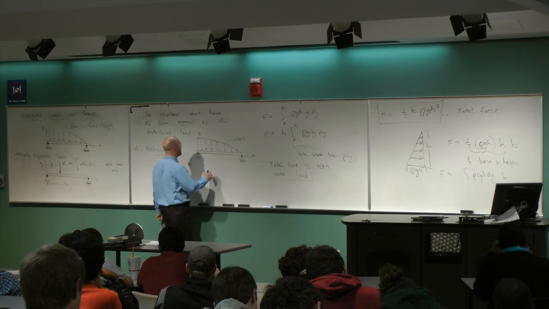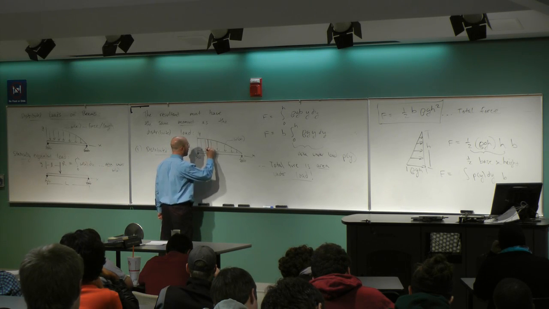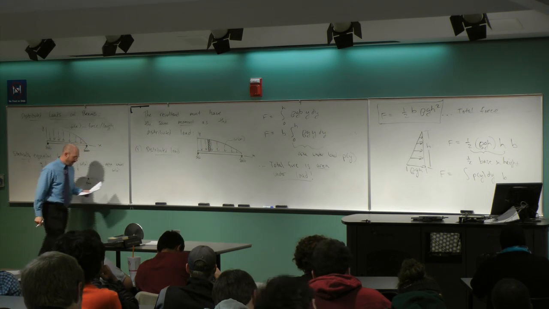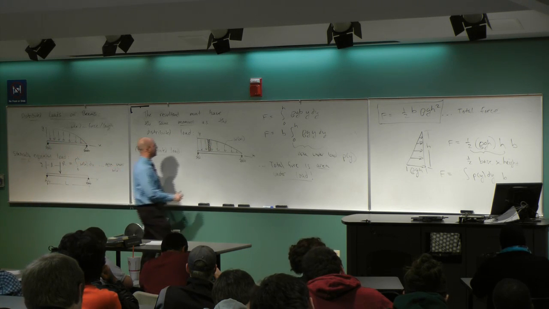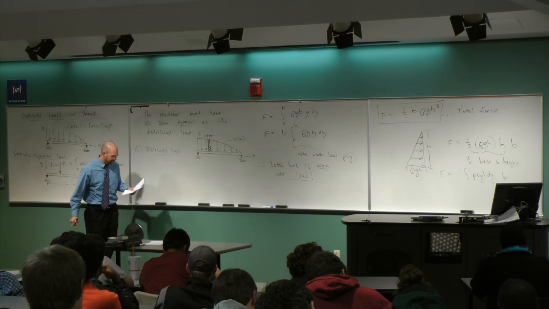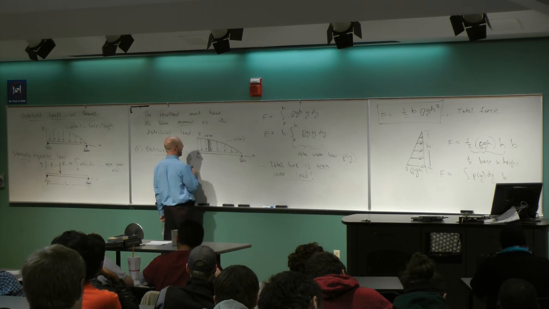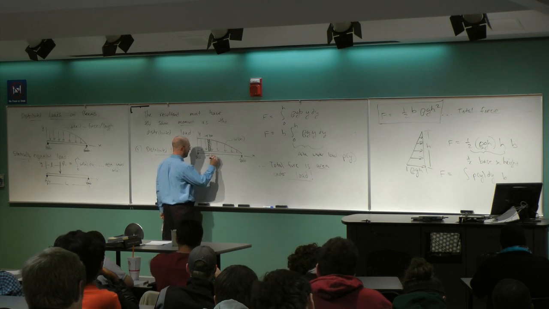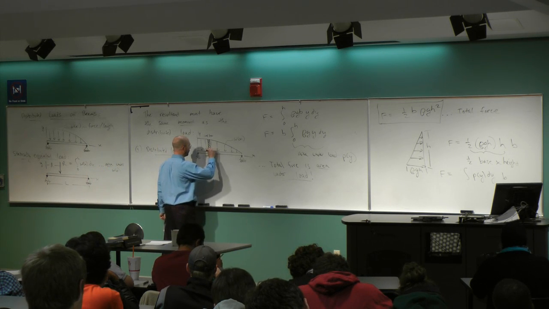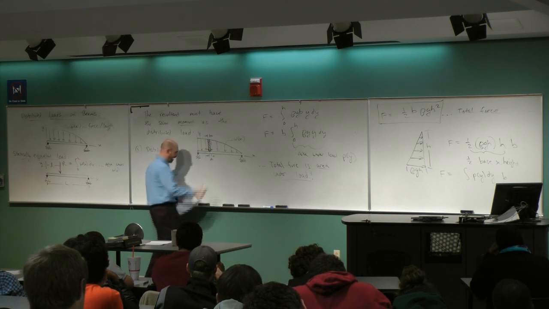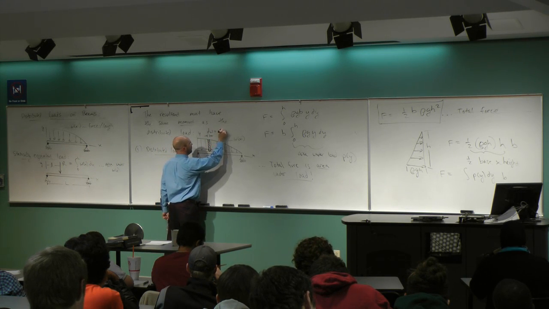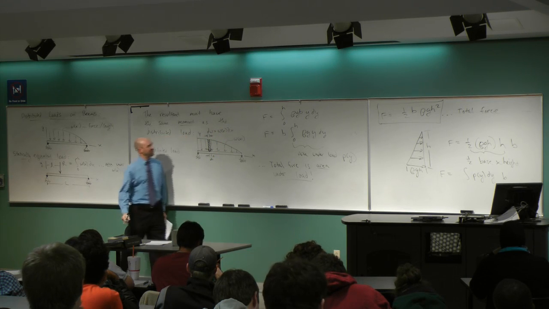Let's take a piece of that load right here, and let's calculate the force over some infinitesimal distance here. If this little strip is dx, then this piece of force right here, I'm going to call that dw, and that's going to be w of x times dx.